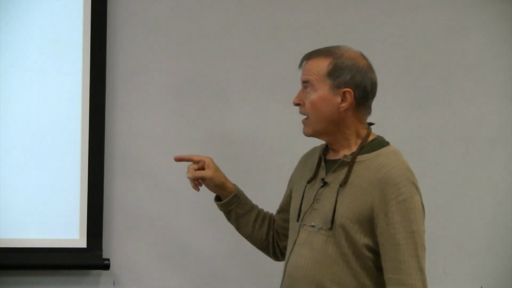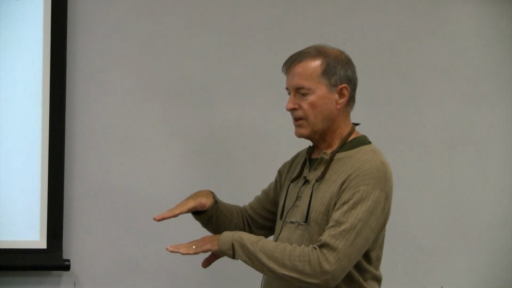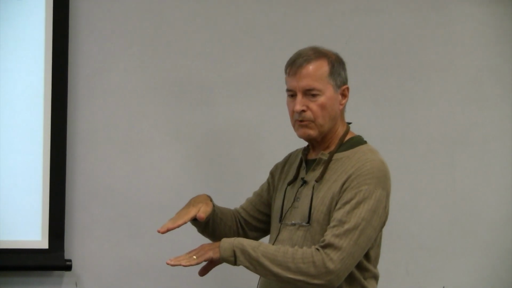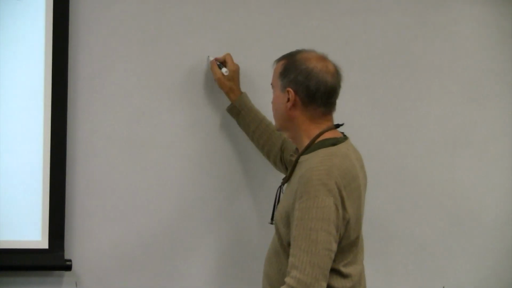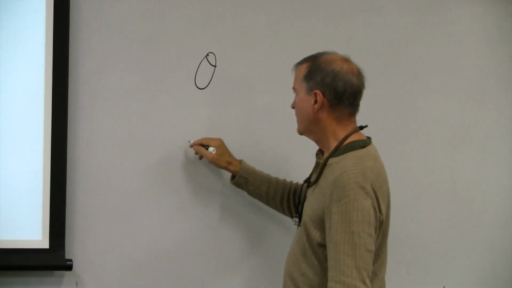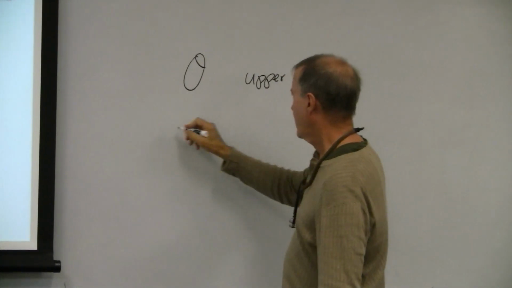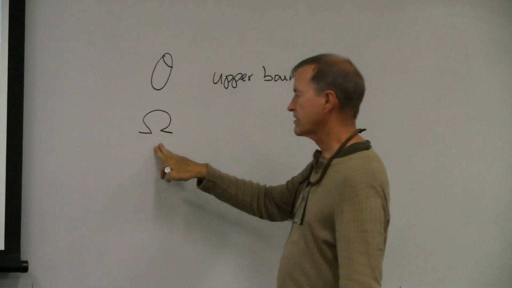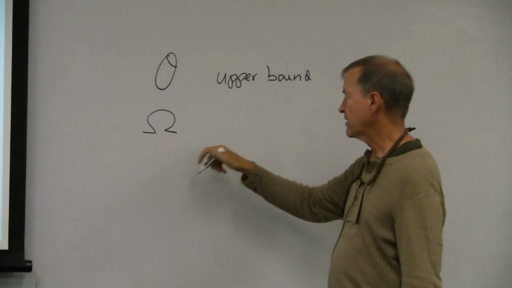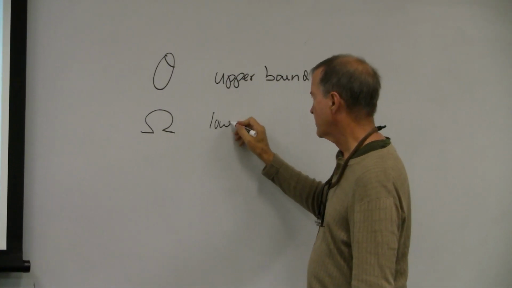Now, on the other end of the bound is a lower bound. What we proved were upper bounds, and upper bounds are denoted by this slanted big O. So big O is upper bound. On the other hand, what is this letter? Omega. This is lower bound.